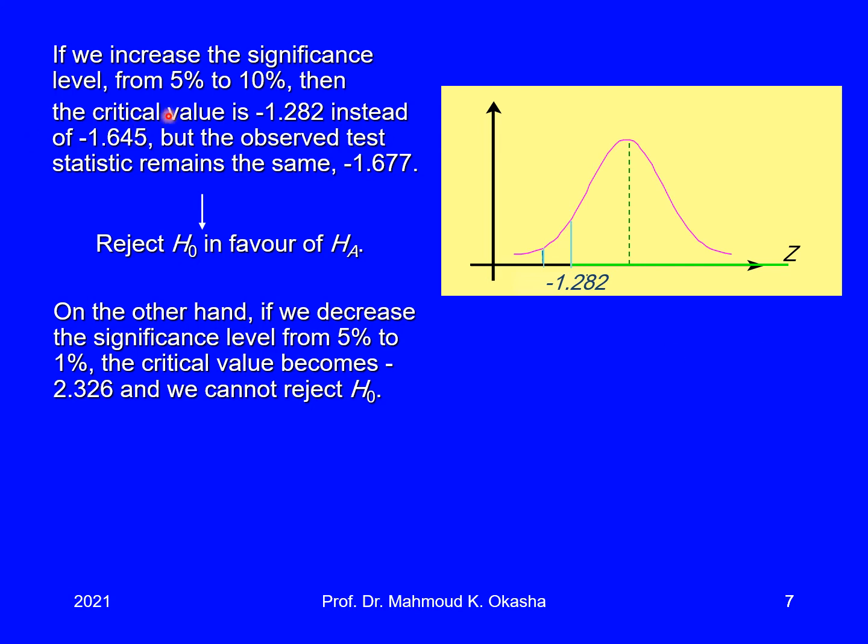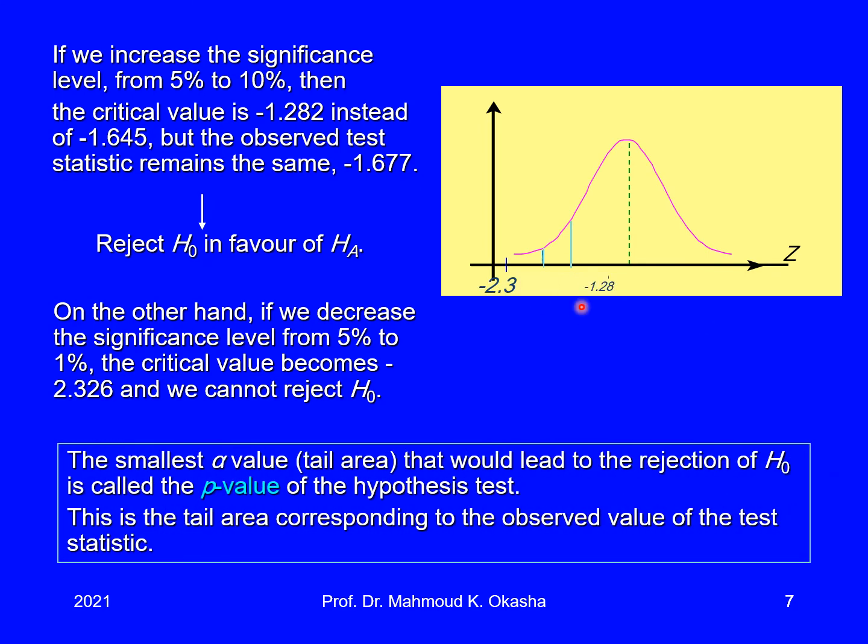If we change to 10%, this value will give us a critical value somewhere in between.